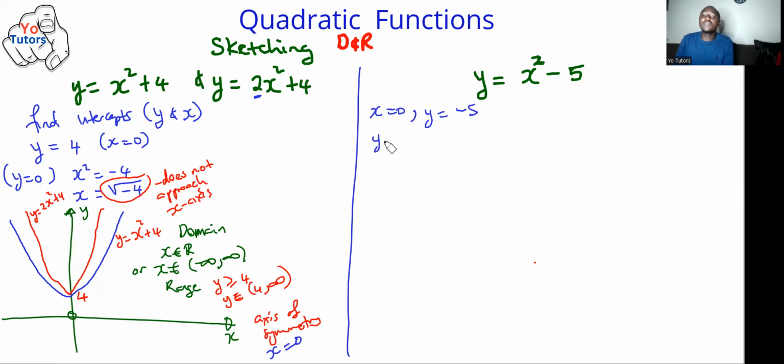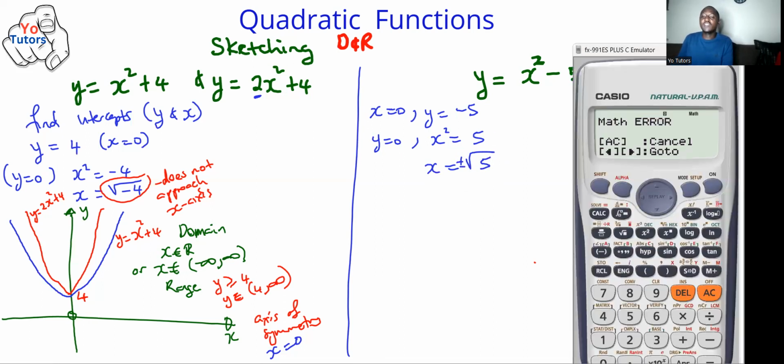And what about the x-intercept? When y is equal to 0, we see that x squared is going to be equal to 5. In this case we can find the root of that. So x is going to be equal to plus or minus root 5.